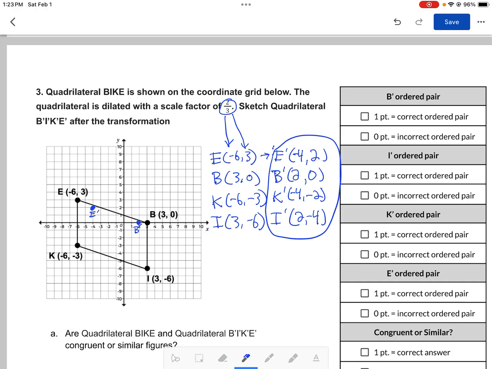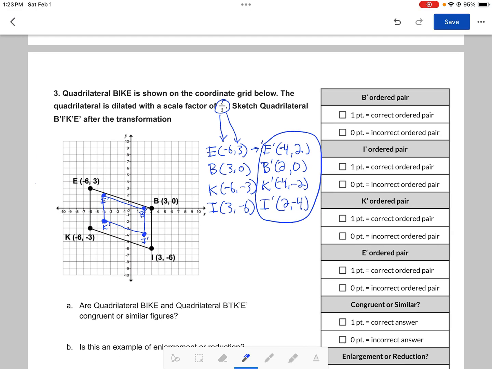K prime is negative 4, negative 2. And then I prime is 2, negative 4. So I'm going to connect my dots, and there we go. There's the new figure.